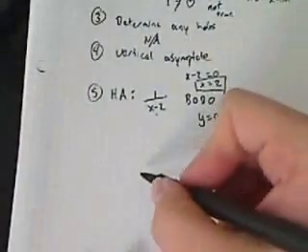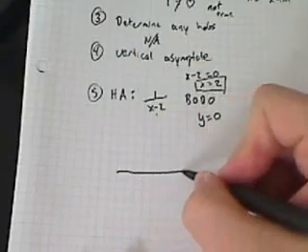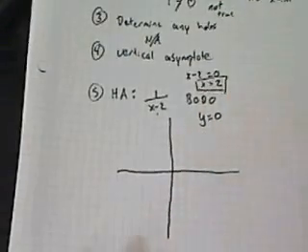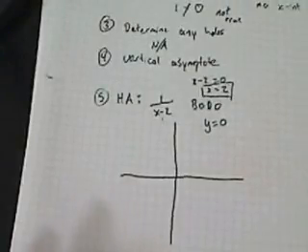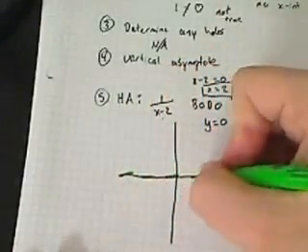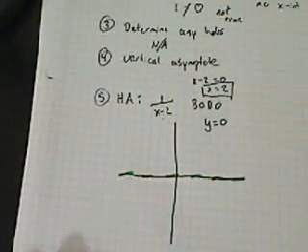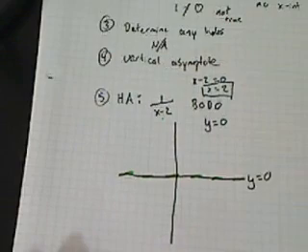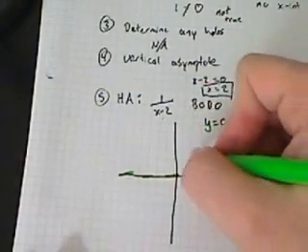So when I go to graph my function, I'm going to start by putting my asymptotes on the graph. I've got y equals 0 as my horizontal, and x equals 2 for my vertical.